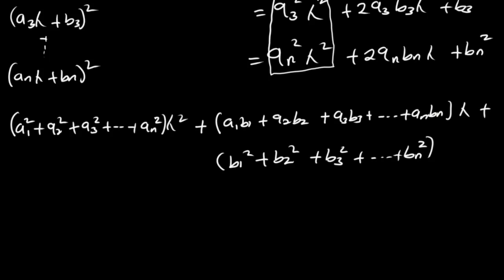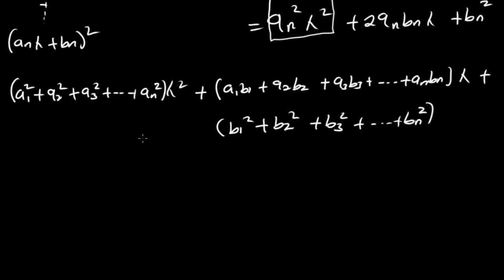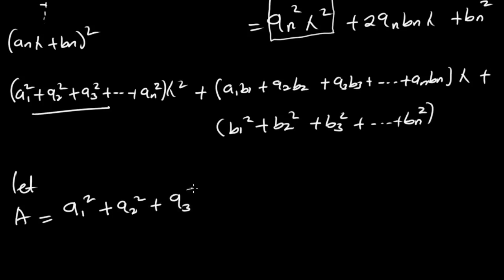So after we have this, we can let A equal everything that we have here. So A will be a1 squared plus a2 squared plus a3 squared plus an squared.